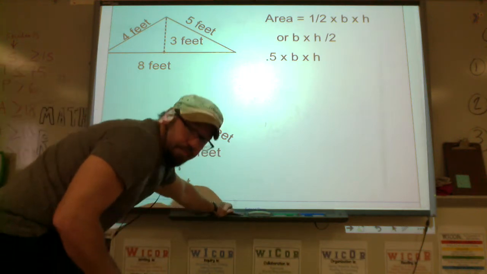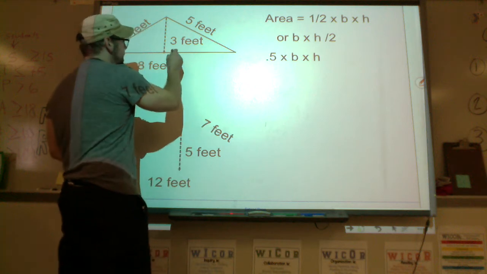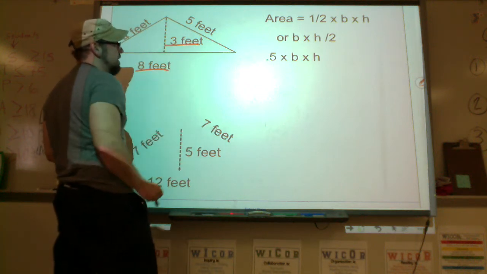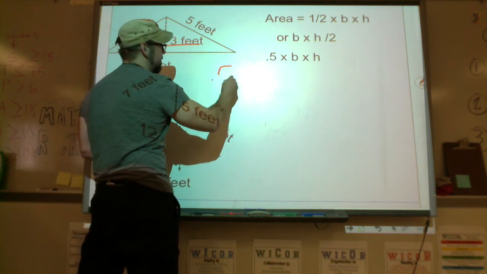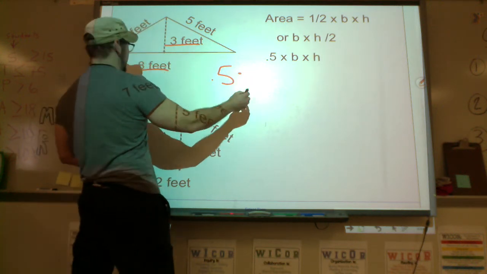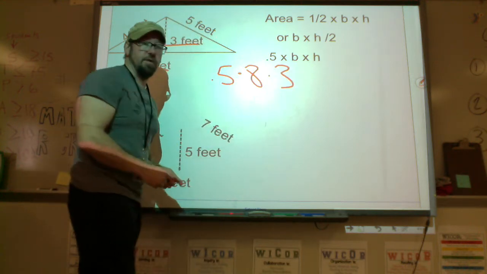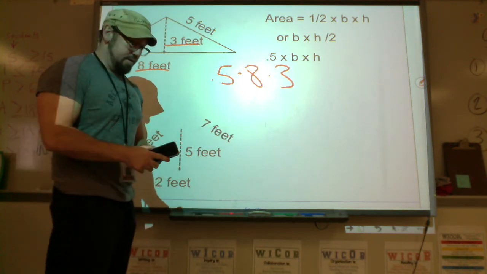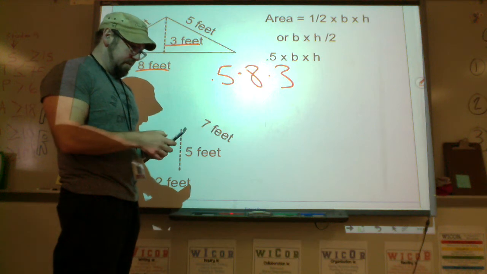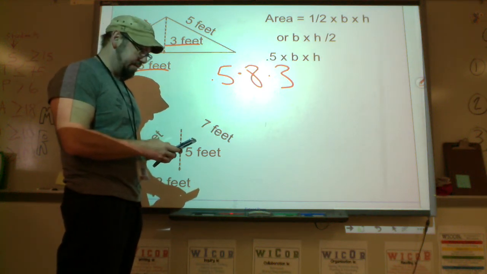So I'm going to take this and this, right? 0.5 times the base, which is 8, times 3, and that's all I have to do. 24 times 0.5.